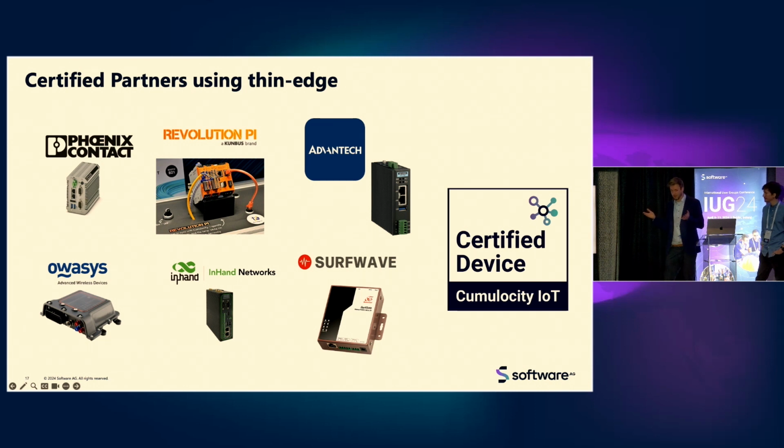And our device partners are also, as I feel, a little bit scattered around the maturity curve, so it fits better and worse with some partners. For example, Phoenix Contact is an ideal fit because they have a separate real-time operating system and a separate operating system where the user can be active and not interfere with the real-time system. So there's a perfect match. Whereas for other device partners, it would be embedded deeply into their firmware, so it's a longer journey to achieve that, especially considering the initial investment is a lot lower moving to ThinEdge initially.